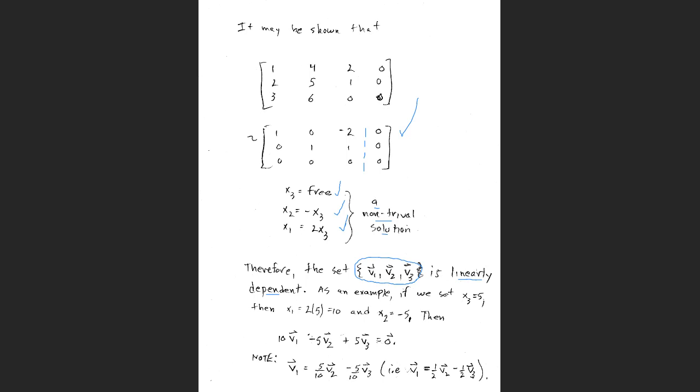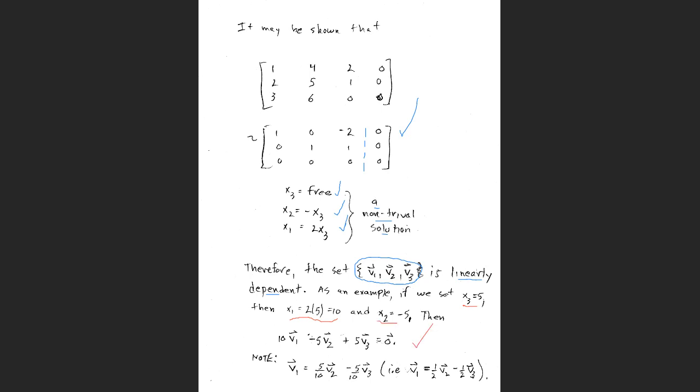But just to make the point clear, for example, if you were to let x3, your free variable, equal 5, then x1 would equal 10, and x2 would equal -5.